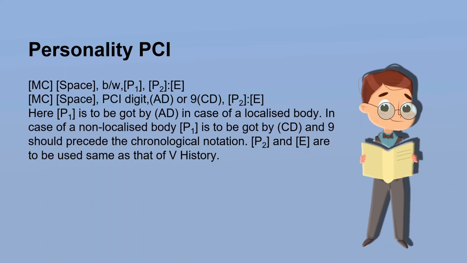After that we have to add personality of level 2 and the energy facet as applicable or wherever required, and P2 and energy facets are to be used as those of the main class V history.